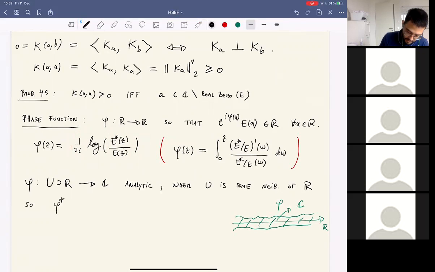So phi star equals phi, or another way to say it, phi(x) is real for x real. And we see that it exactly satisfies the needed property.